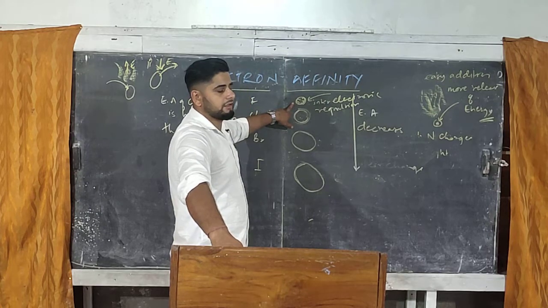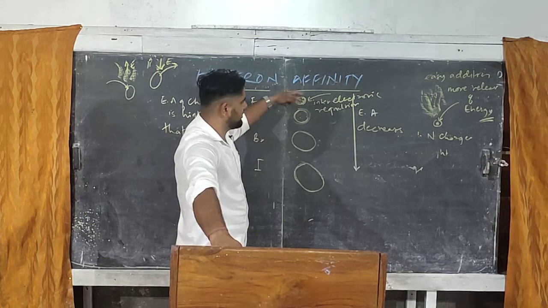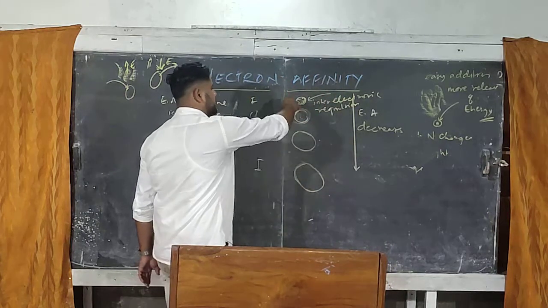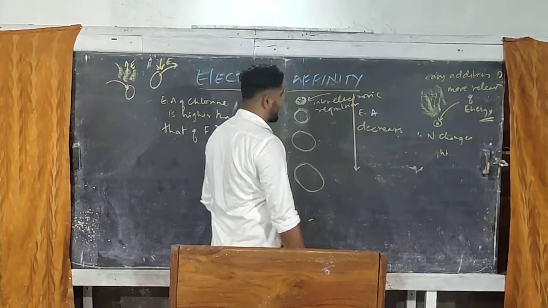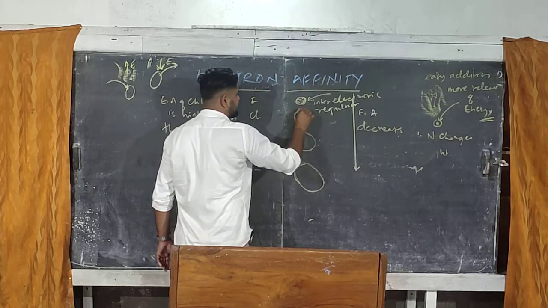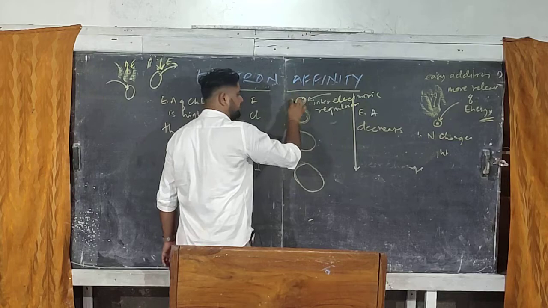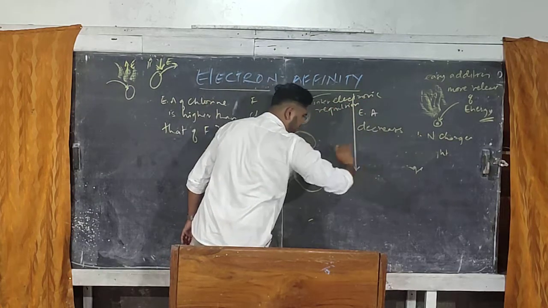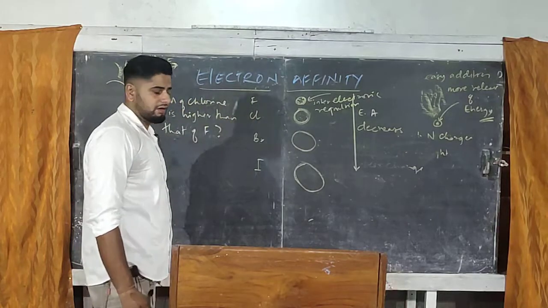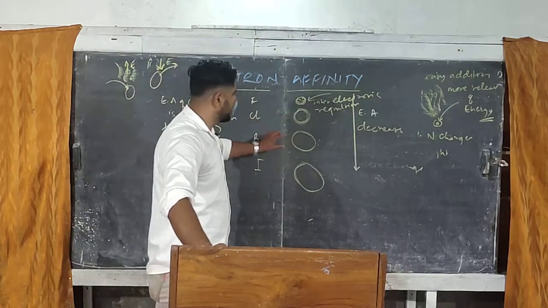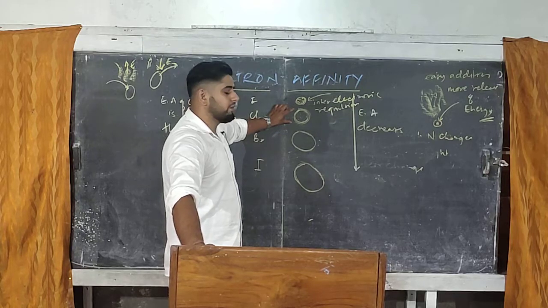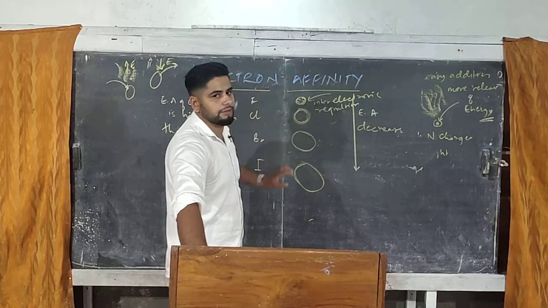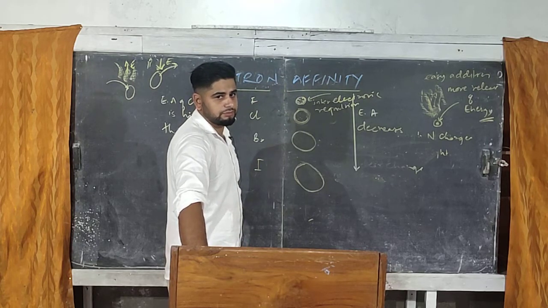Because of the smaller size of fluorine, there exists inter-electronic repulsion, so that the addition of an electron is somewhat difficult as compared to the larger size of chlorine. As compared to fluorine, there the inter-electronic repulsion does not exist. Got it or not? This is the reason why chlorine has higher electron affinity than fluorine. Understood? Okay.